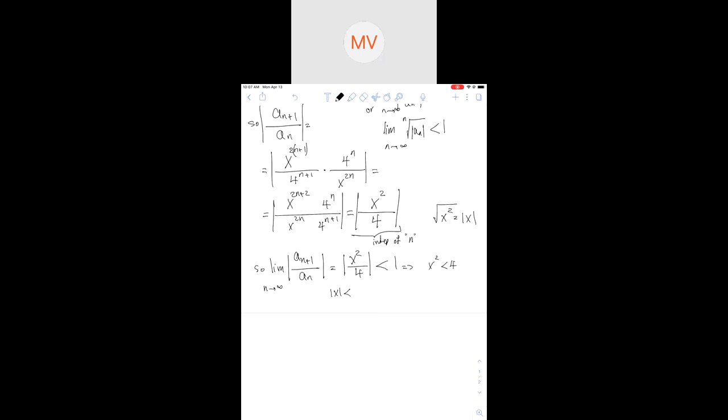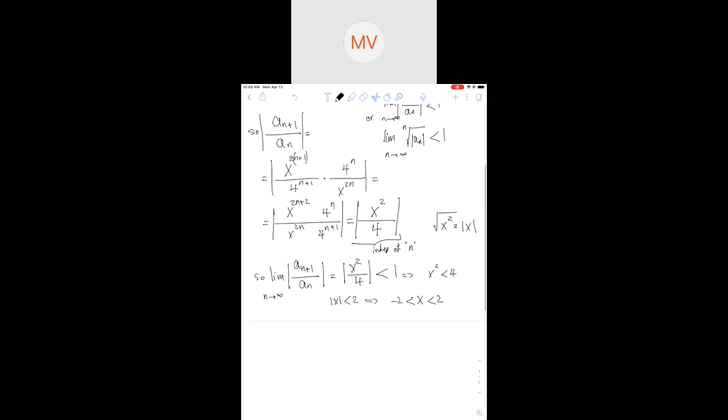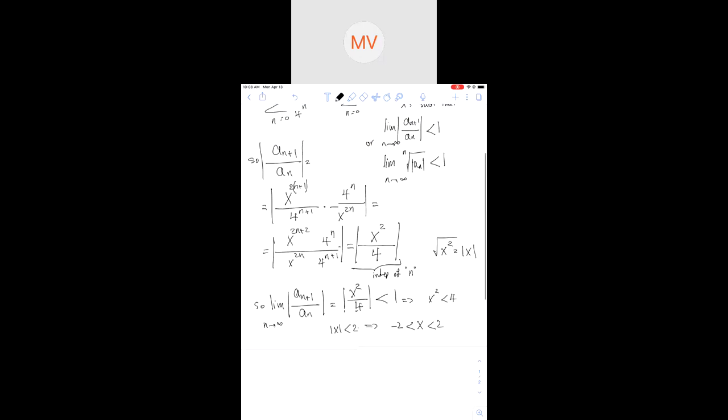So absolute value of x is strictly less than 2. That means x is bounded by 2 and negative 2. Okay? Any questions so far?